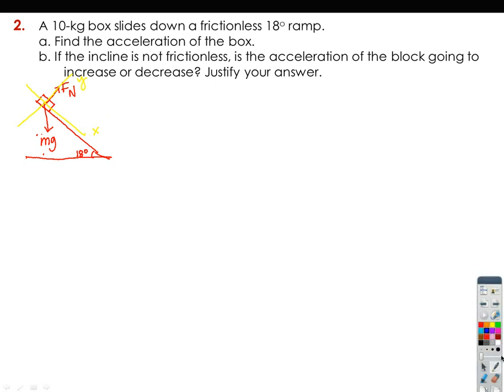Okay, so we will know here that you have Fn going this direction, and then your force of gravity can be separated into two components. Along the x-axis, that will be mg sine of theta, and then along the y-axis, that is mg cosine of theta.